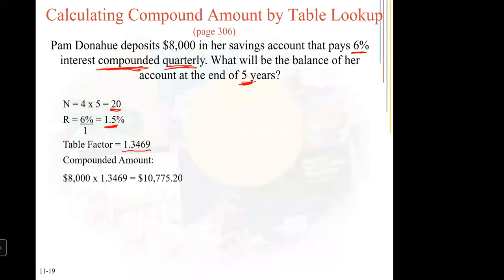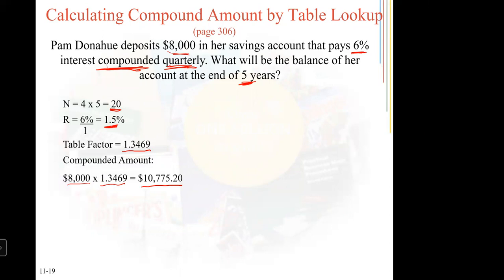And so the compounded amount would be the 8,000 which you started off with, times that 1.3469, and that gives us $10,775.20. And so that would be the compounded amount.